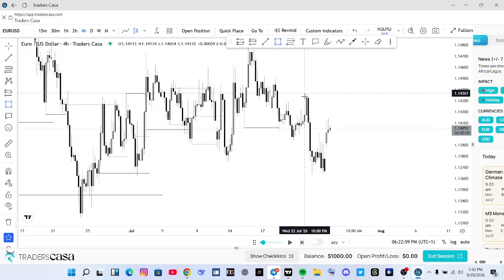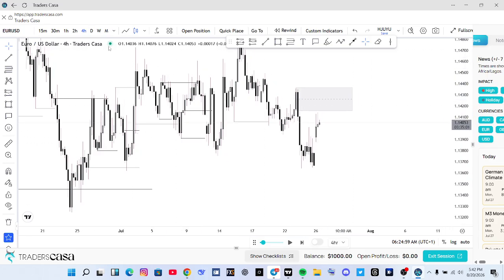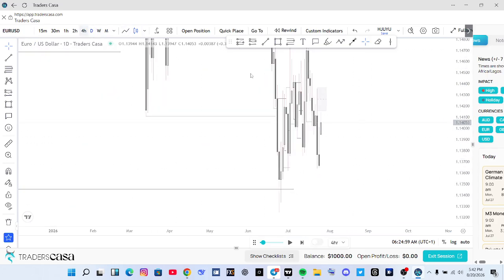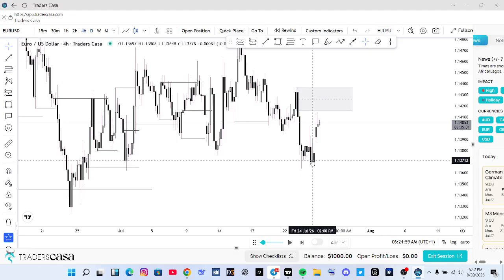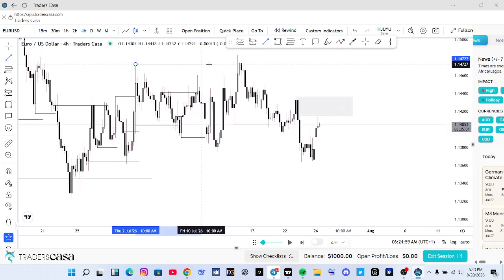Okay, this one is coming back, but now where is price reacting from? And where is our strong high? There is no break of structure here yet.